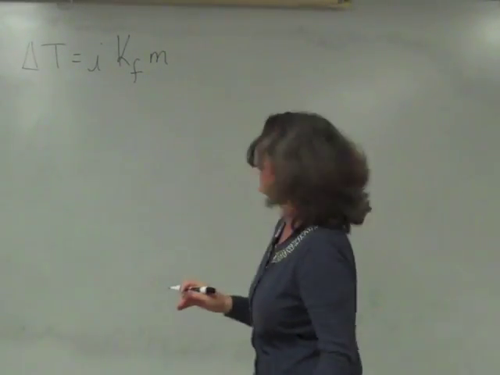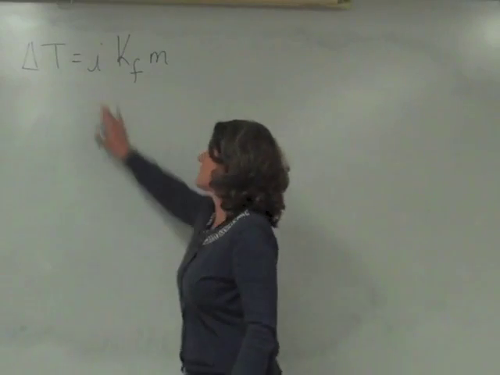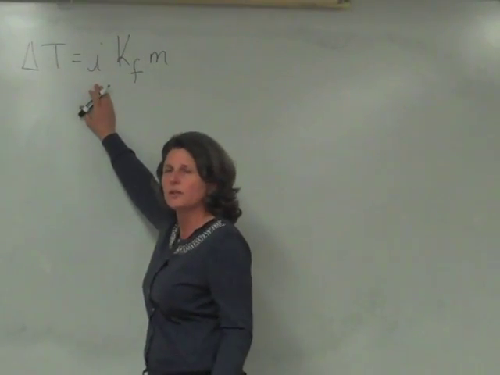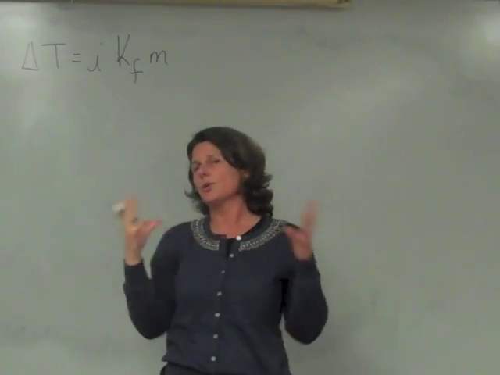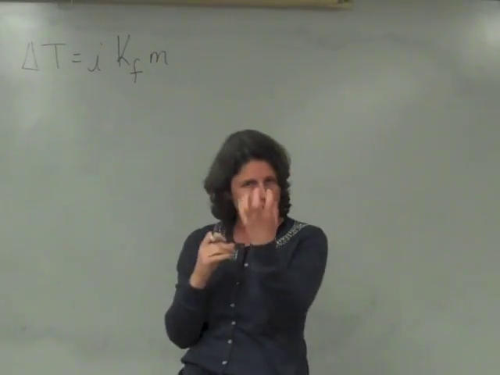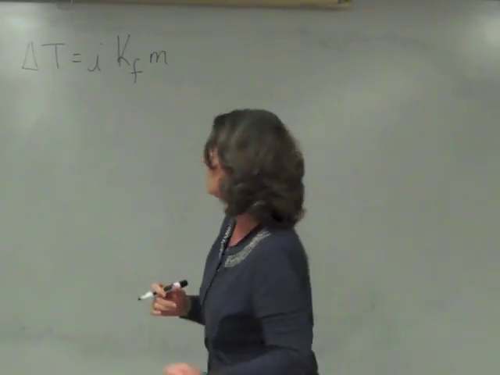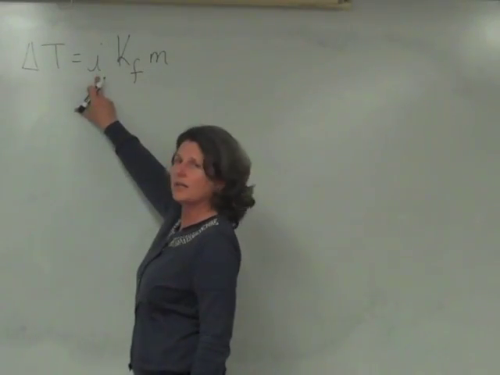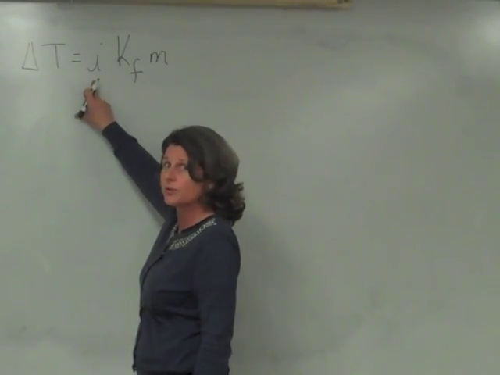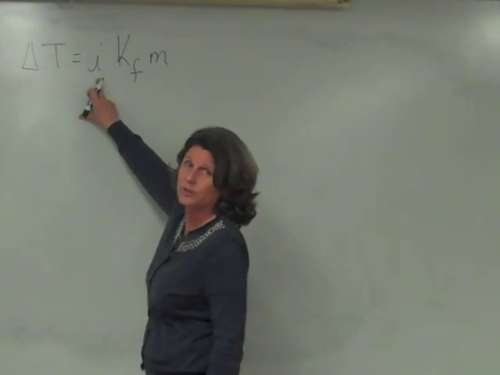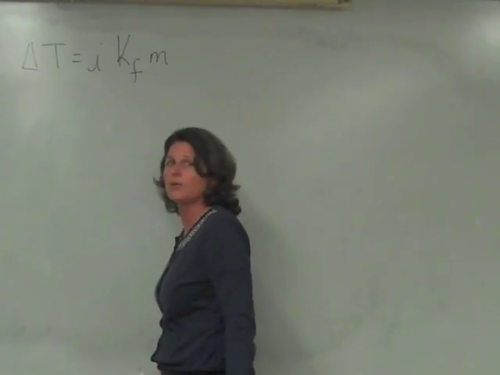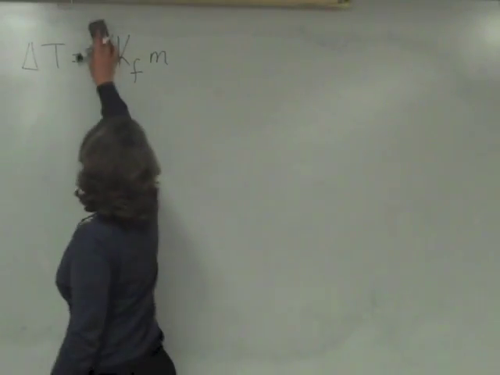Now, in this case, you guys, because the naphthalene is a covalent compound, it is not going to dissociate when it dissolves. So it's going to stay together as one particle. So for what we're doing today, this number is just going to be 1. So I'm just going to take it out of the problem because it's 1.